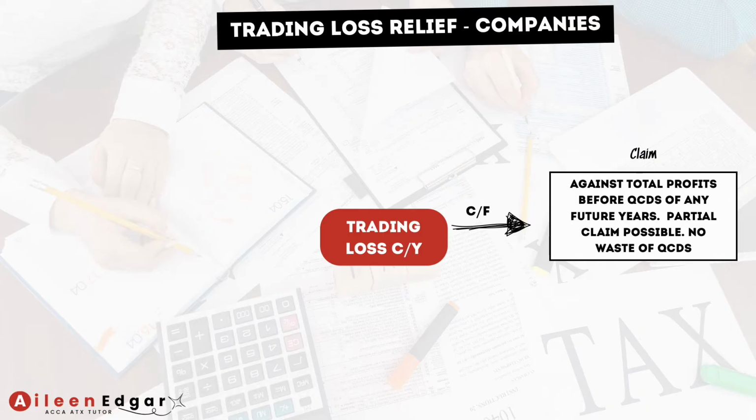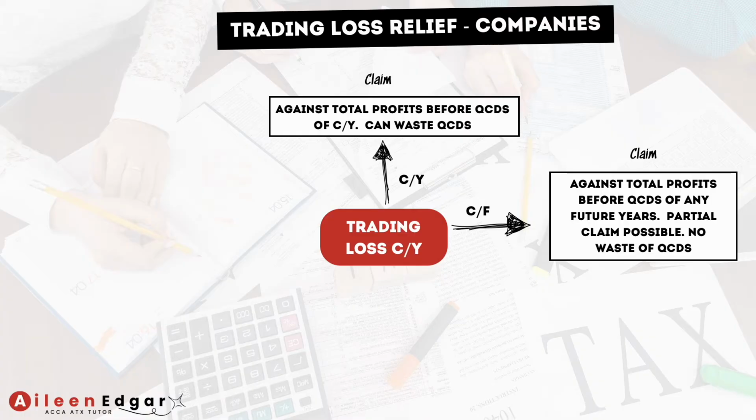For companies, this will get set against total profits before QCDs of any future years. And we are allowed to pick and choose how much of our trading loss we use in any particular future year. So we don't have to use it all in one go in the next following year. And by choosing how much we use in future years, we can avoid wasting any QCDs, qualifying charitable donations.